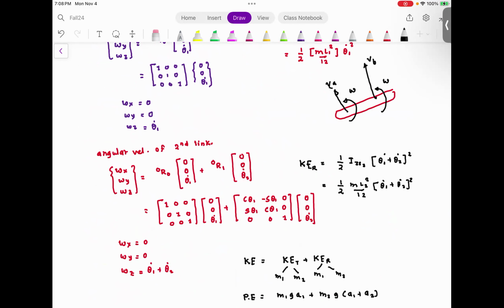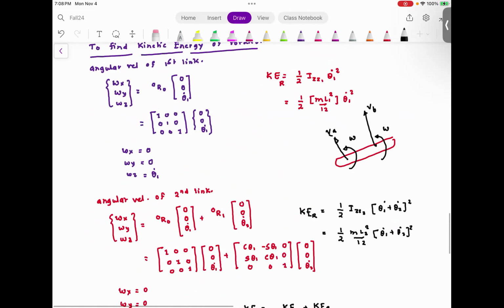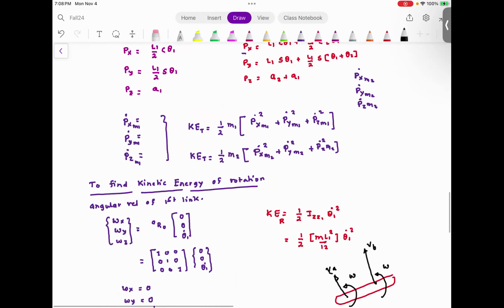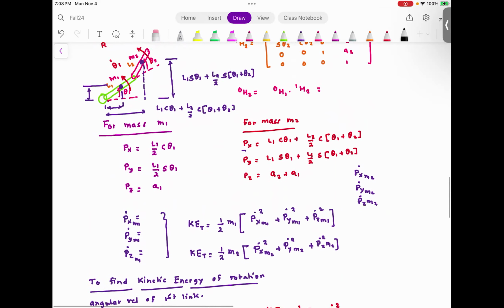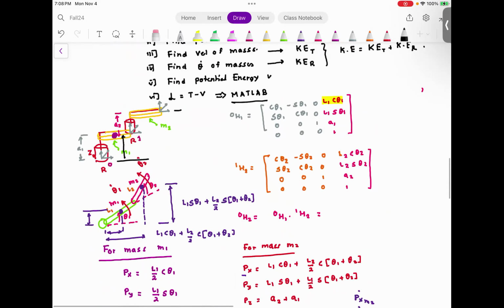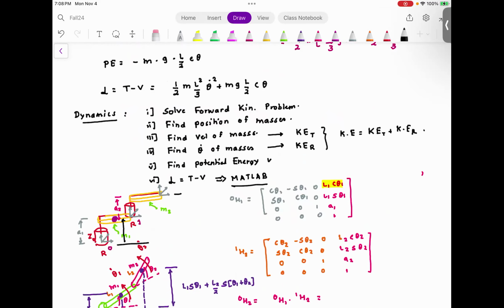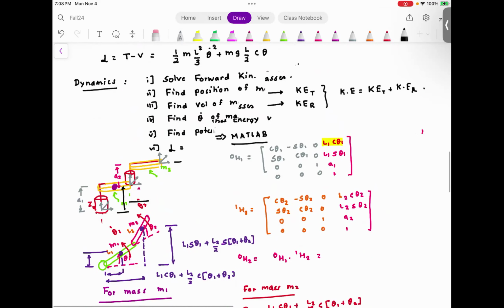This looks complex, but what you need to do is follow this systematic recipe we talked about: forward kinematics, then velocity of the masses. Then you have to find out the angular velocity of the masses. You have to find out the potential energies, find out kinetic energies, and then use the Lagrangian approach.